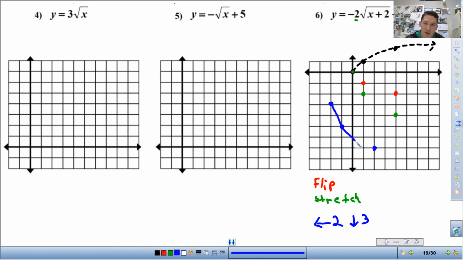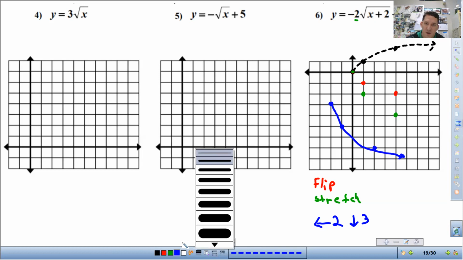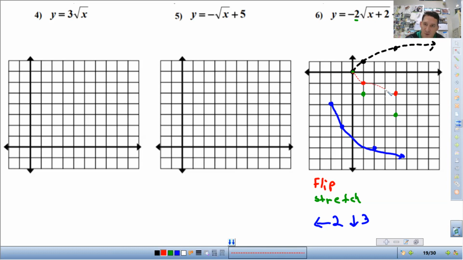And here is the final graph. I don't know, I feel like it'll look better if I put in little dotted lines here to show this is like the work in progress. So that was the flip. The green is the stretch. And then the blue is the final with everything done. Fun times. All right.